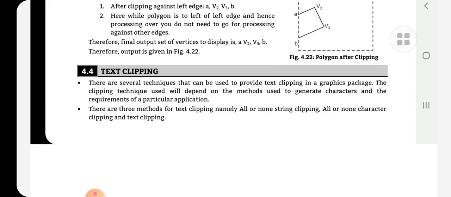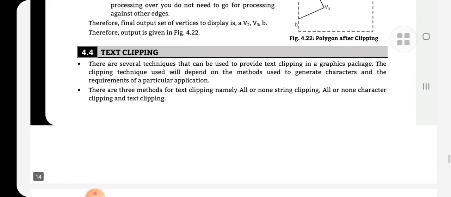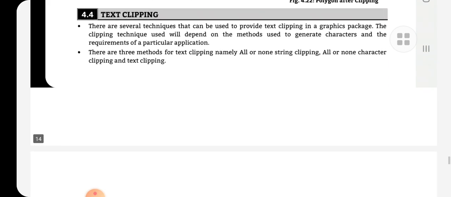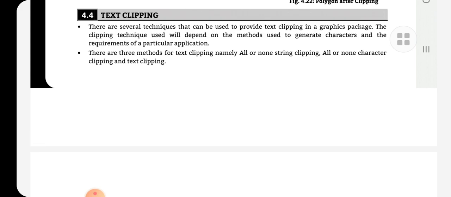So now text clipping: you have to clip the text in the figure. The clipping technique used in a graphics package will depend on the methods used to generate characters and the requirements of a particular application.